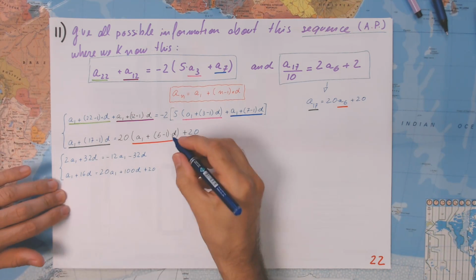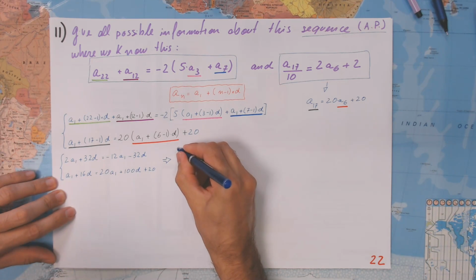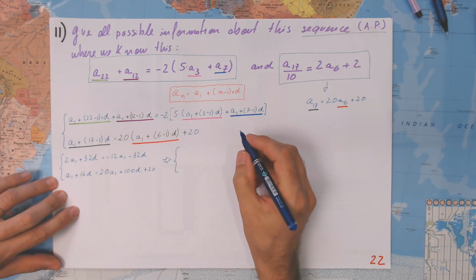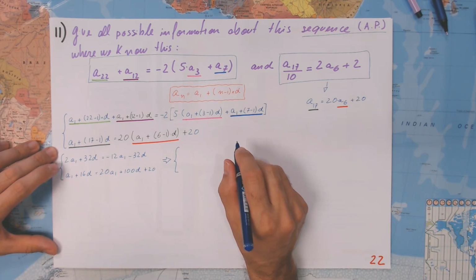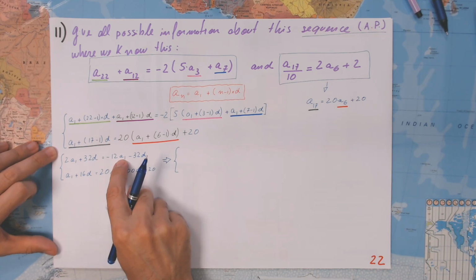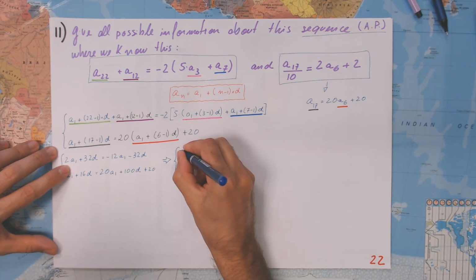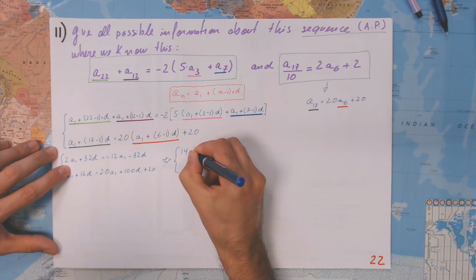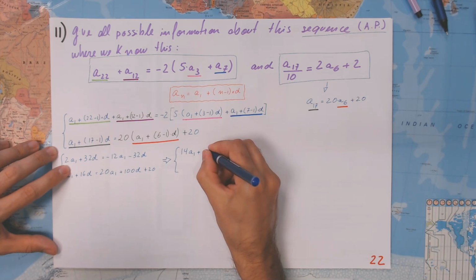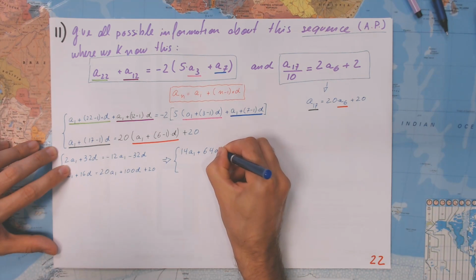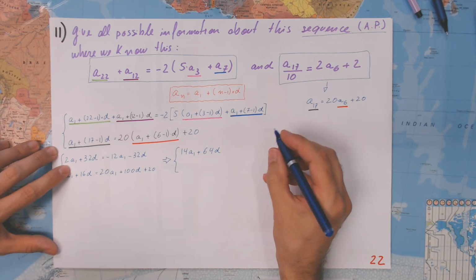Okay, now again, this is going to be what? I'm just trying to get as simple as possible. If you just send the 12 to the left, you are going to get 14A1 plus 64D equals 0.